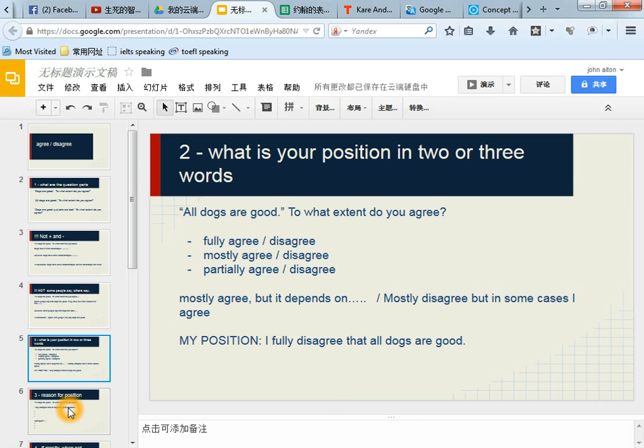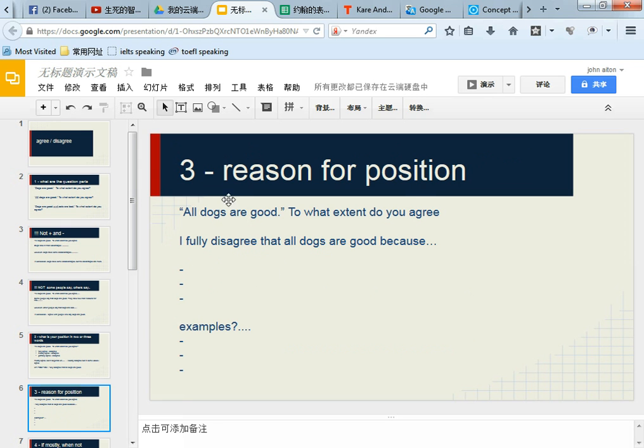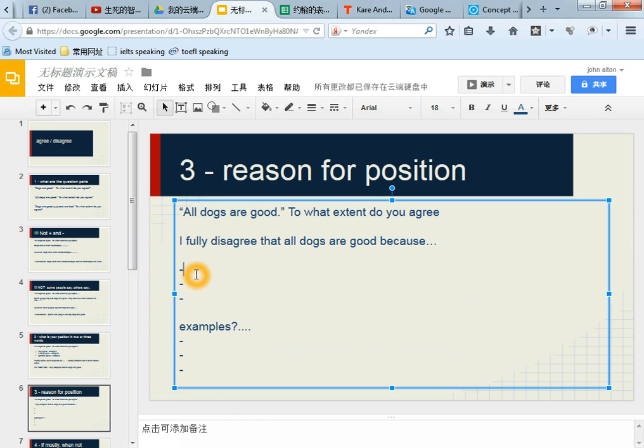After we have our very clear fully agree, mostly agree position, we think about the reasons for this position. All dogs are good. To what extent do you agree? I fully disagree that all dogs are good because there are some bad dogs. Perhaps another reason is there are some dogs that are not good or bad.